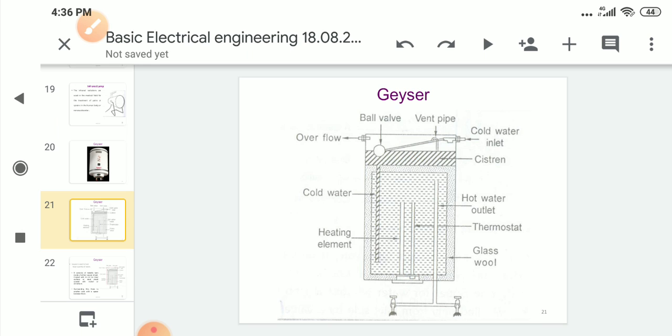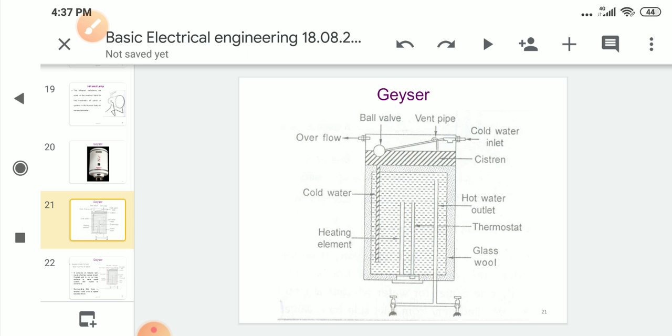Which heating element is used in the kettle and the iron box, we have learned about that. Nichrome is used as the heating element. Like that, here also the heating element is made of this high resistive nichrome.